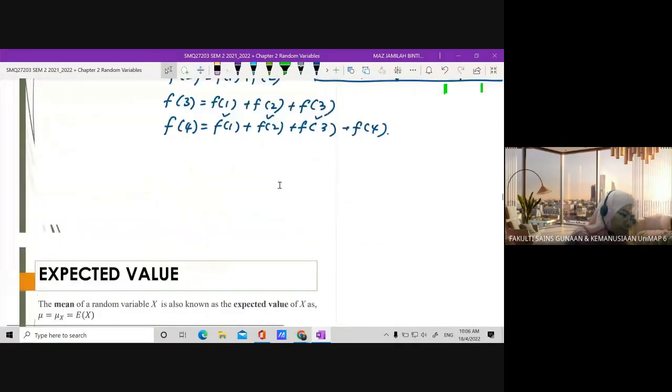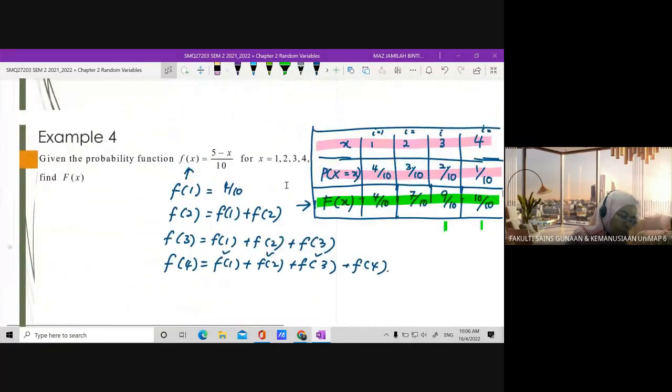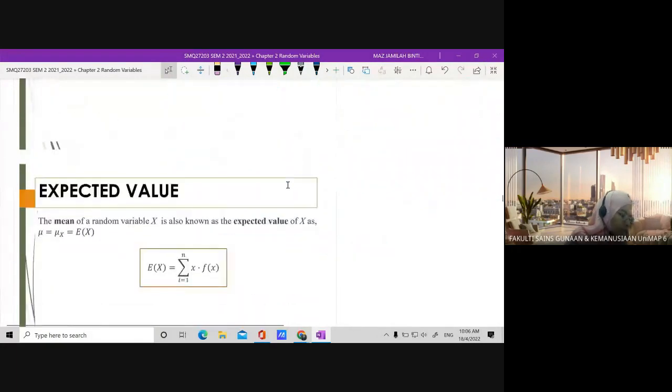Now, next. From this cumulative probability distribution function, you can find the expected value, or we call it the mean, of your random variable x. Sometimes we call it the expected value of x. It's just the same.